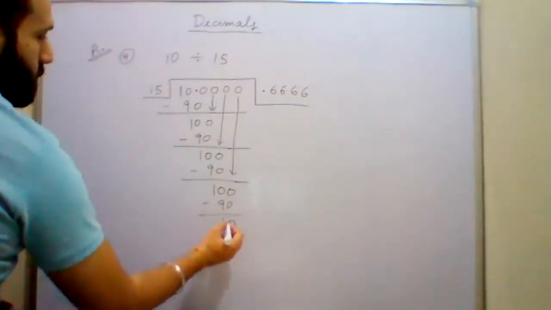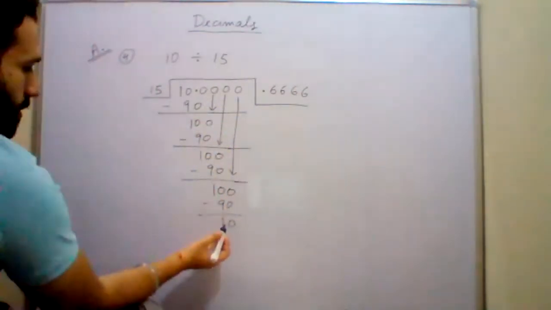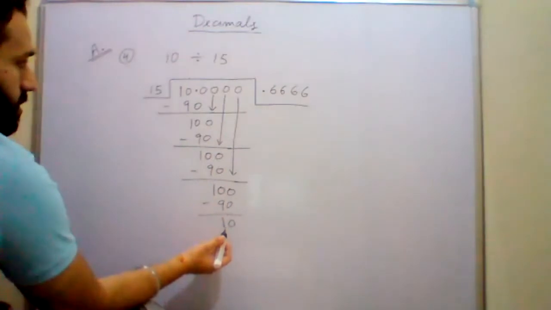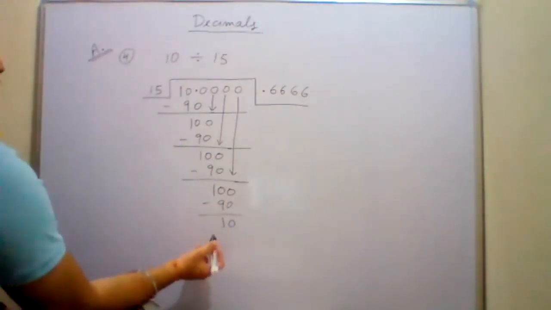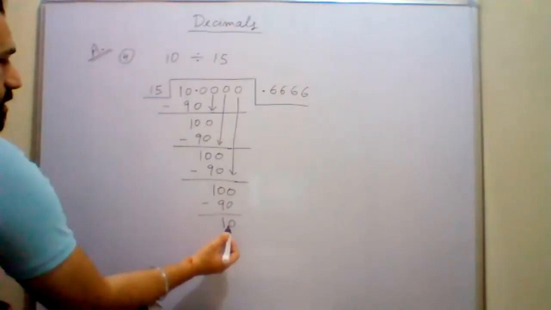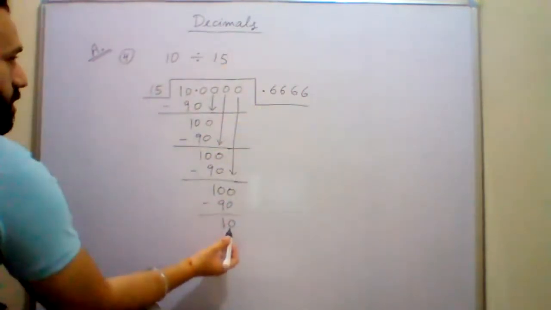What is the meaning of this? This means again and again. It is a never-ending question. Yes, this is a never-ending process. Very good, beta. Nice use of words. So this shows that you will never get 0 as the remainder. In this question, you will never get 0 as the remainder. So what will happen in this case?